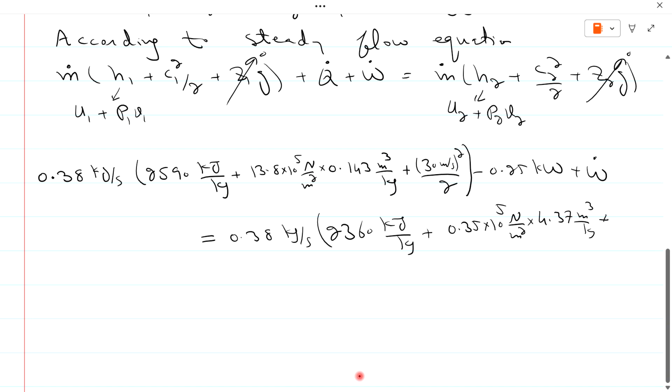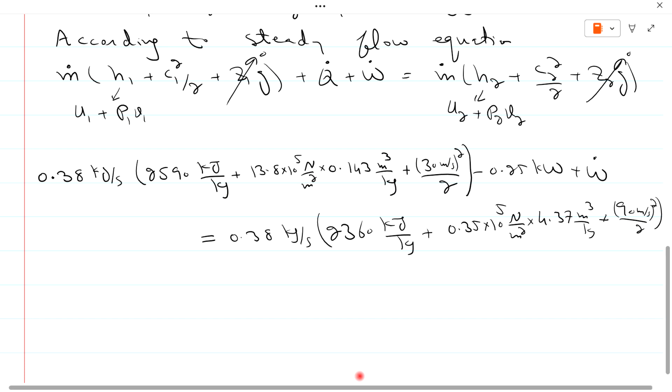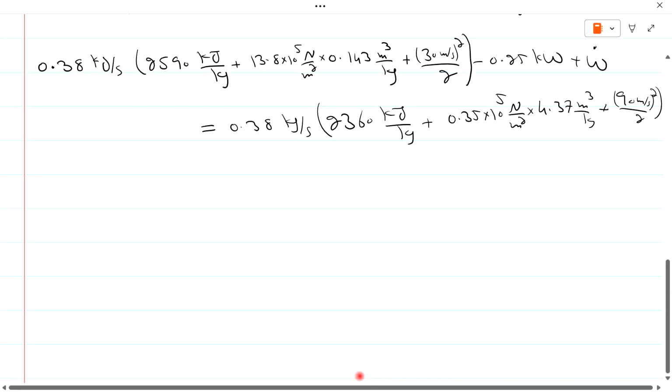So the value of C2 is 90 meter per second squared, divided by 2. Now we simplify this equation.